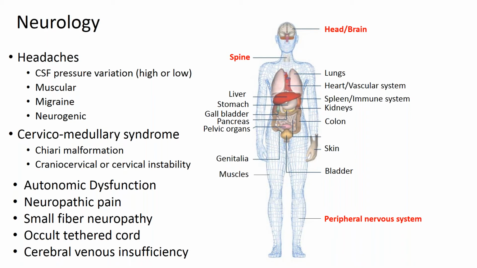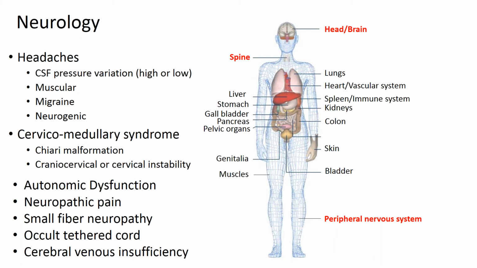Just to mention a few of these, they may be due to either high or low pressure in the cerebrospinal fluid. Headaches may be caused by muscle spasm. They may be caused by migraine, which is a vascular cause of headache, and they may be neurogenic, in other words, caused by compression of the nerves that go to the muscles in the scalp.